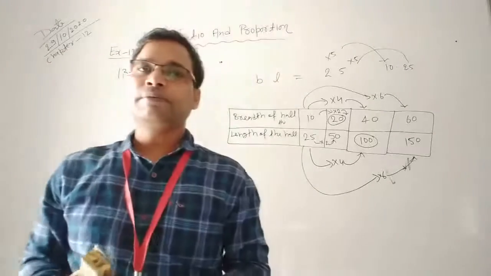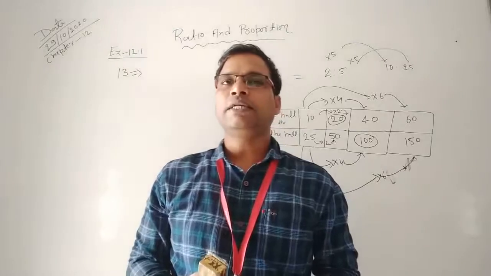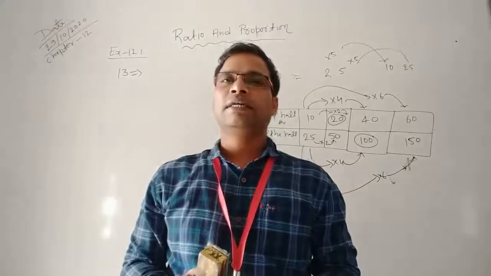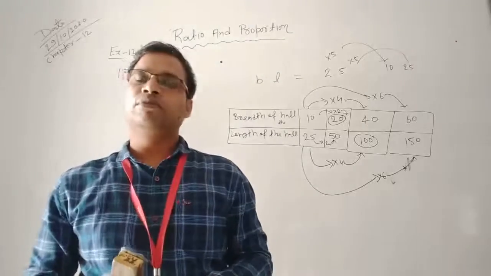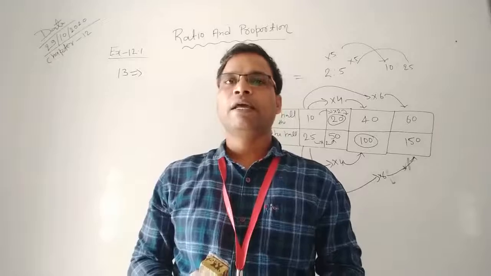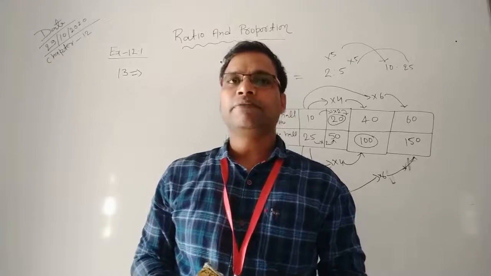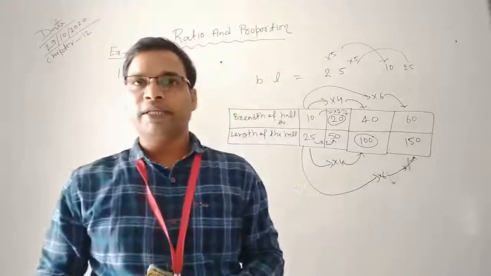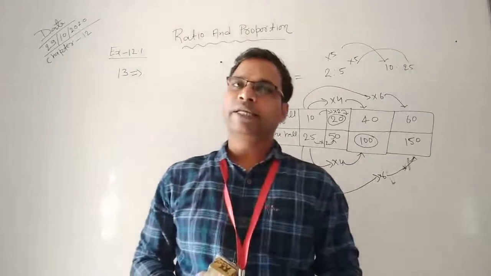Question number 15. A mother wants to divide rupees 36 between her daughters Shreya and Bhumika in the ratio of their ages. If the age of Shreya is 15 years and the age of Bhumika is 12 years, find how much Shreya and Bhumika will get.